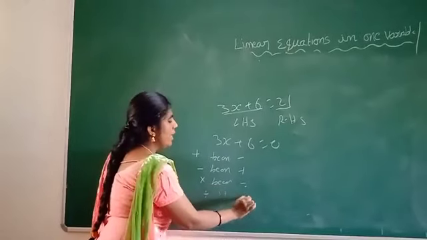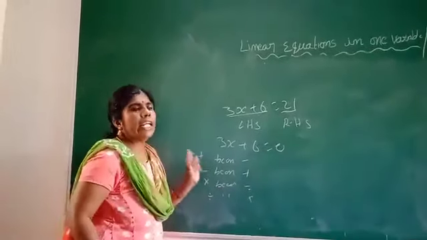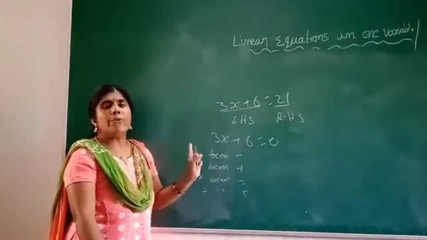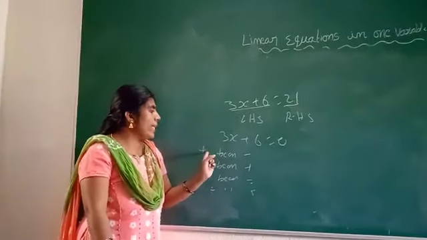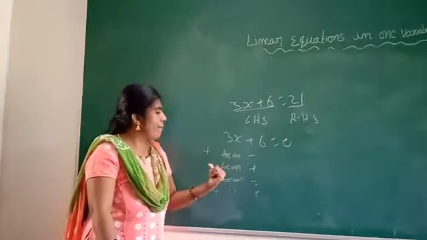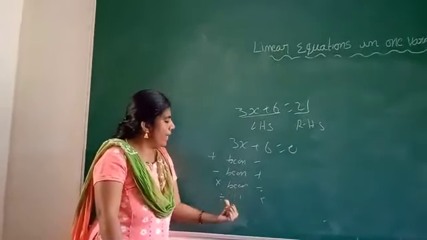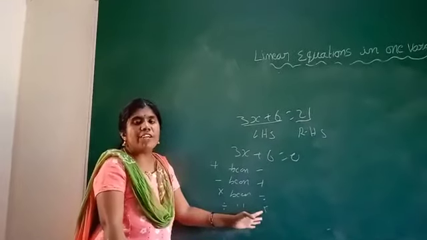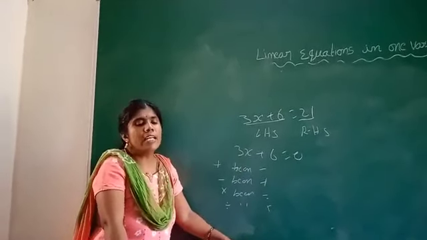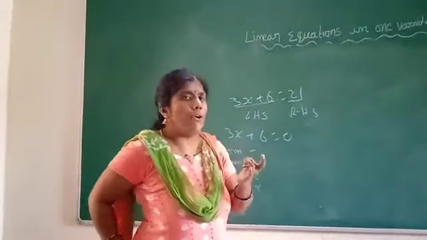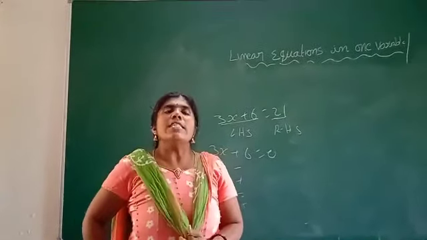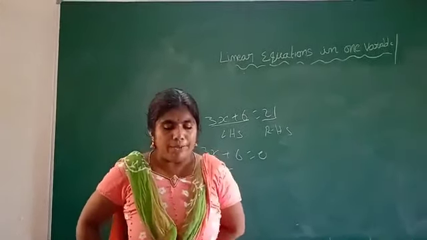Divided by becomes into. Is it clear, children? Plus becomes minus. Minus becomes plus. Into becomes divided by. Divided by becomes multiplication. Okay? Is it clear? Children, write down the notes. I will give some problems as homework.